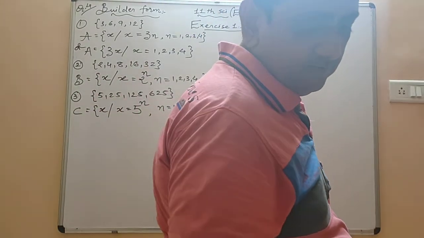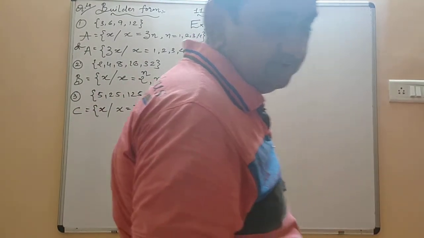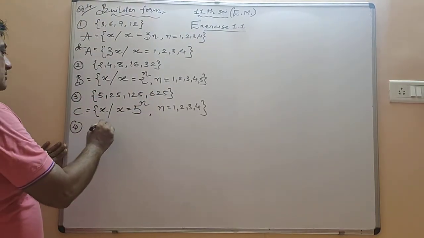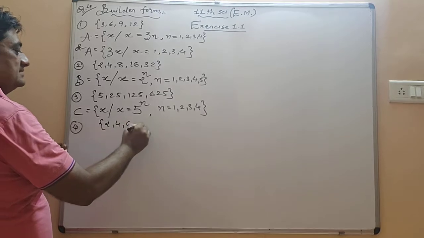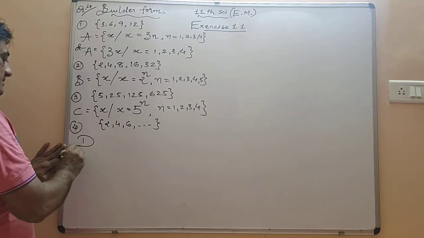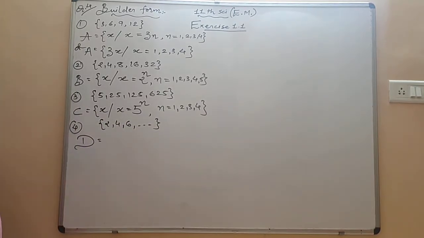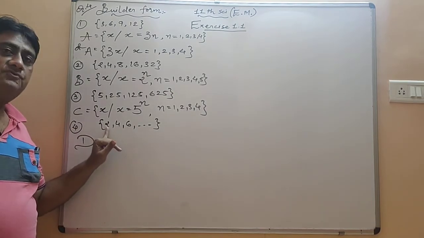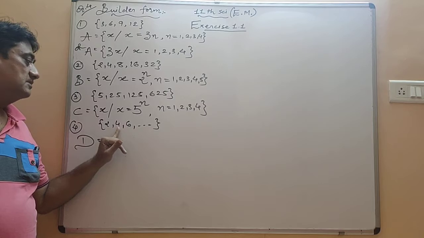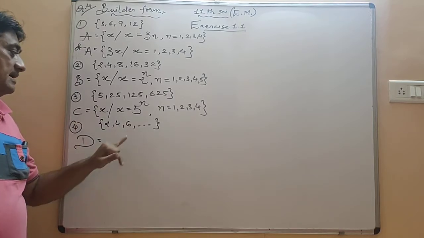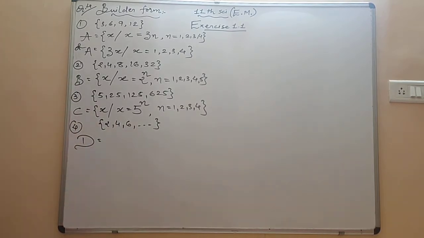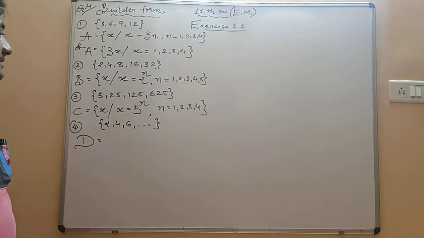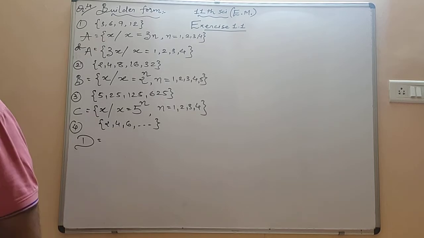Now question number 4: 2, 4, 6 and dot dot dot. Then set D is equal. Now first element is 2, second is 4, third is 6 and so on. So it is not a finite set, it is an infinite set because dot dot dot is given.